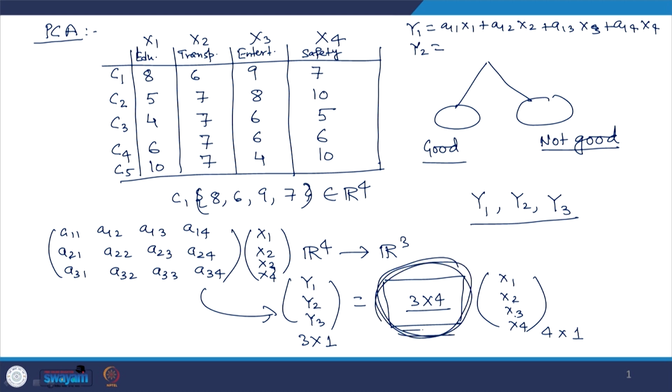Because if I have this matrix, I can transform my 4-dimensional data set to a 3-dimensional data set, or if I want to go to a 2-dimensional data set, it will become a 2 by 4 matrix. And the maximum information of the data should be preserved even though I transform to a lower dimensional space.